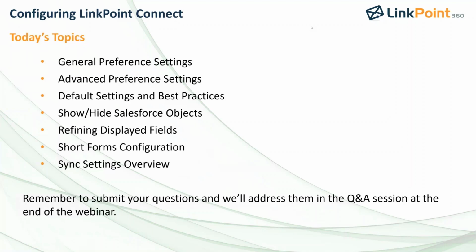We automatically detect them, but maybe you want to tweak how we're actually displaying them. And that goes hand in hand with refining some of the fields that are displayed throughout the side panel. We'll talk a little bit about short forms in the context of our SnapForm and our record creation and updating. And then we'll go a little bit more in depth on the sync settings that we have available within our system.